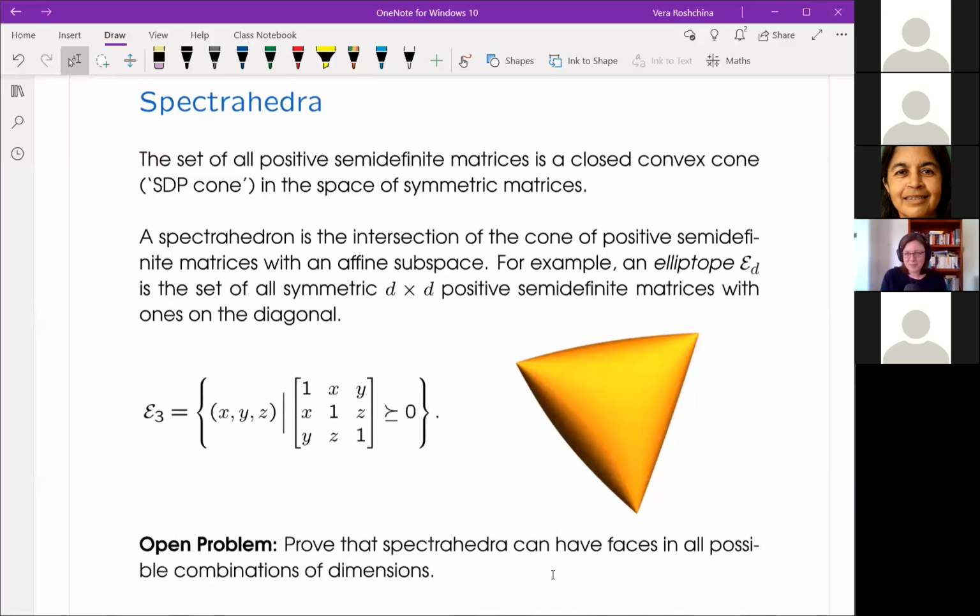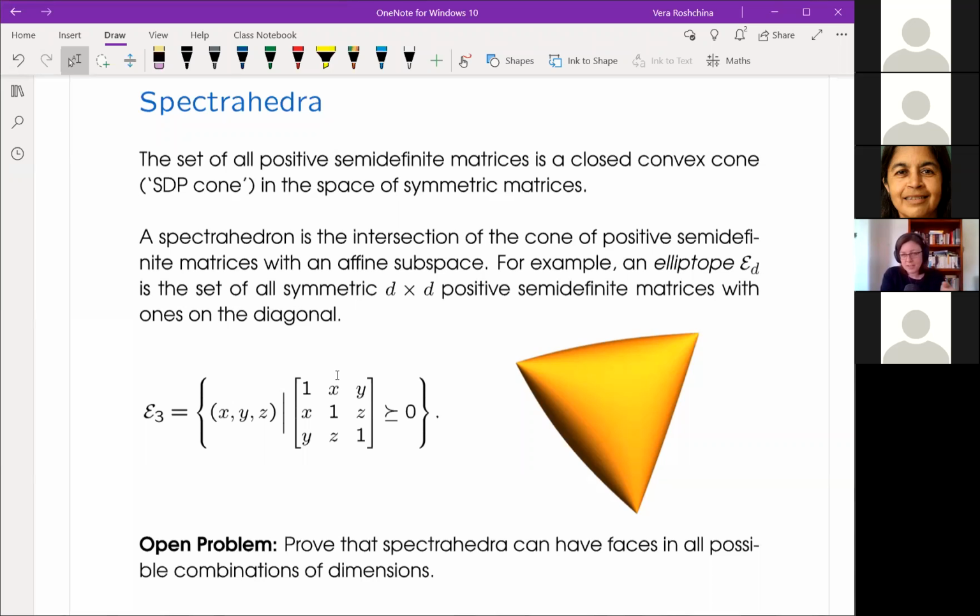And algebraically, a spectrahedron can be described like this. So you write down a symmetric matrix, and in every entry of the symmetric matrix, you put some linear function on a bunch of variables. Doesn't matter how many variables. So you just put linear functions in each entry of this matrix. In this case, it's a very simple example.